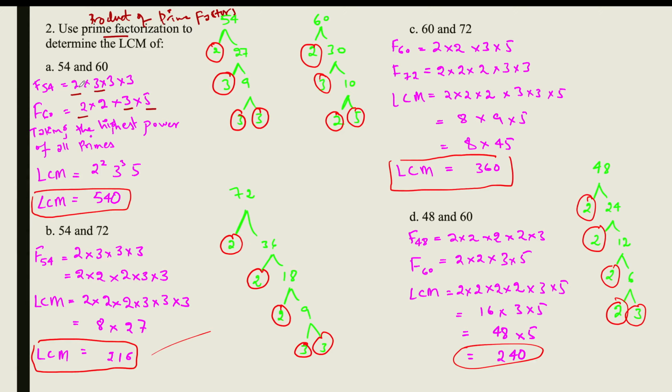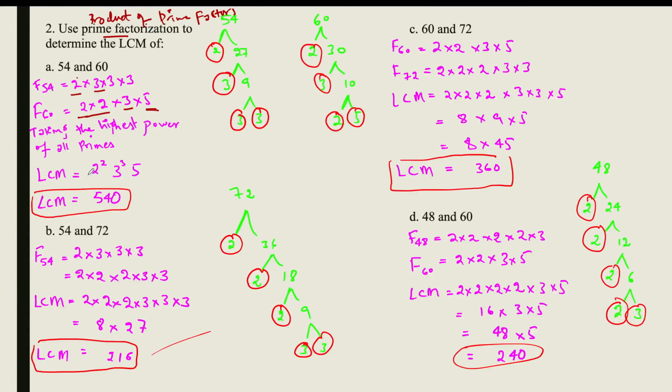For the highest power of 2, here we have only 2 to the power 1, so we do not consider this. Here, we have 2 to the power 2, so we will consider this one. And the highest power of 5 is 1, so we will consider this one.